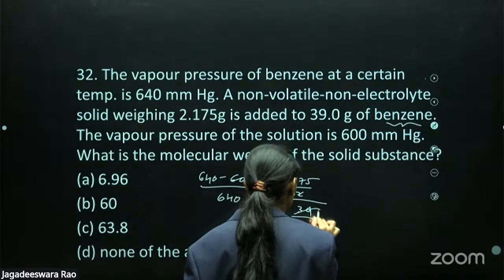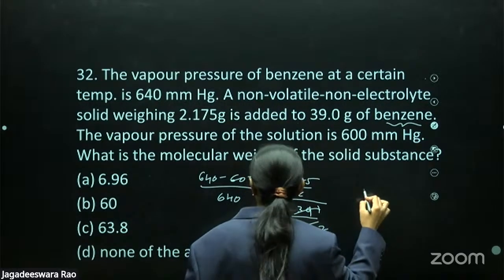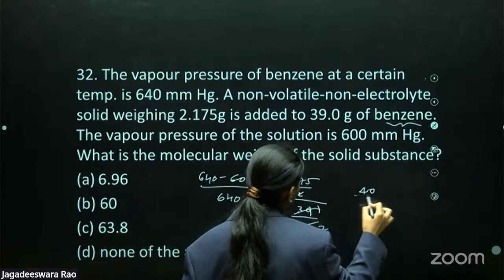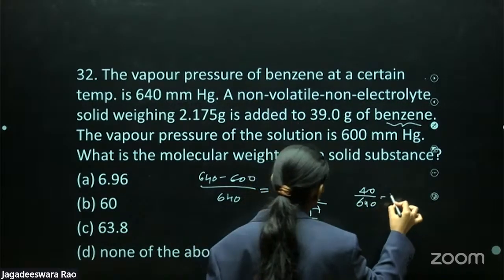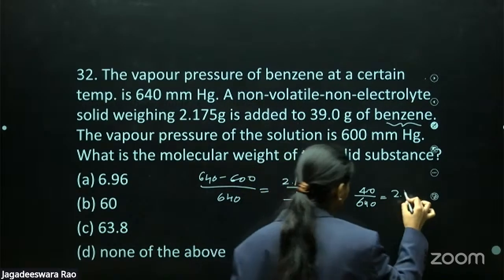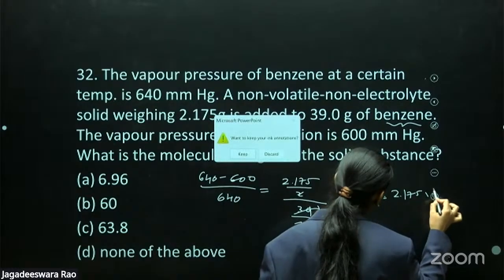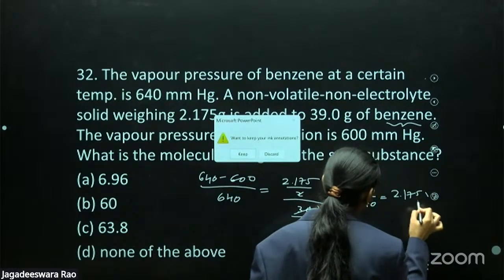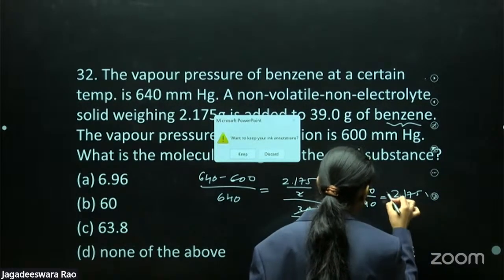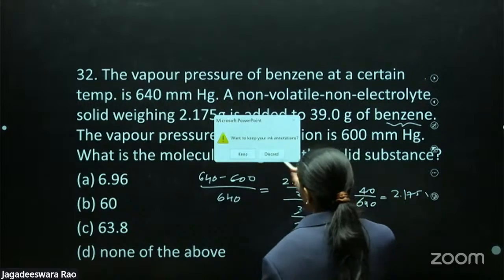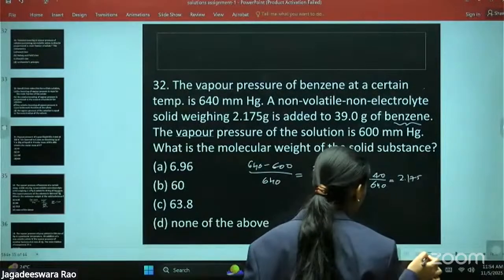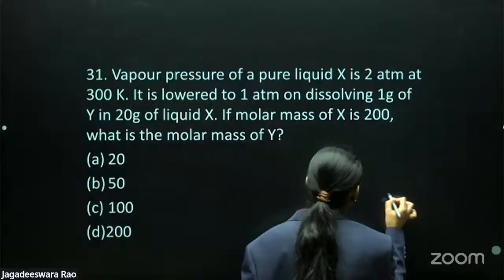So ones are, twos are. So 40 by 640 is equal to 2.175 into 2 into 2 into 2.